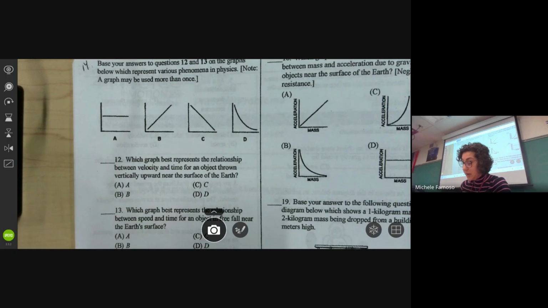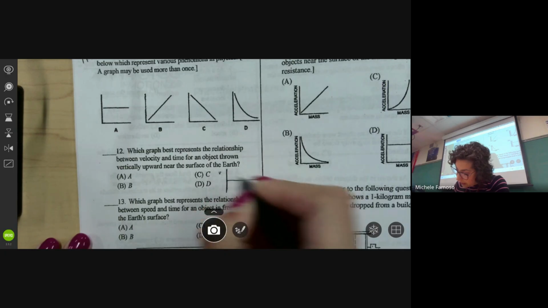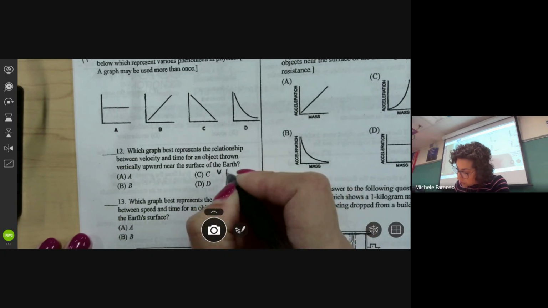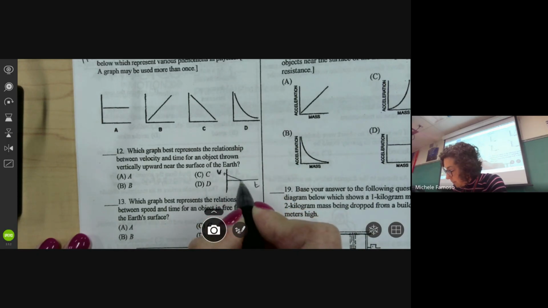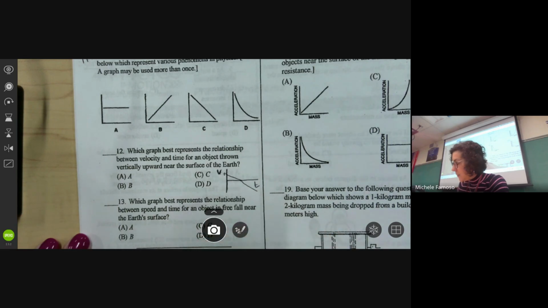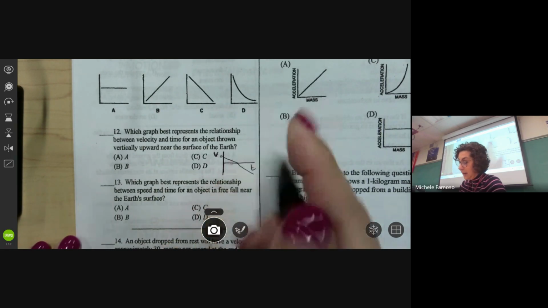So when we throw something upward, I'm just going to sketch the velocity time graph here. It starts off with some positive velocity. It eventually stops, changes direction, and then speeds up in the negative direction. So I need a negative slope diagonal line. Which one has the negative slope diagonal line?